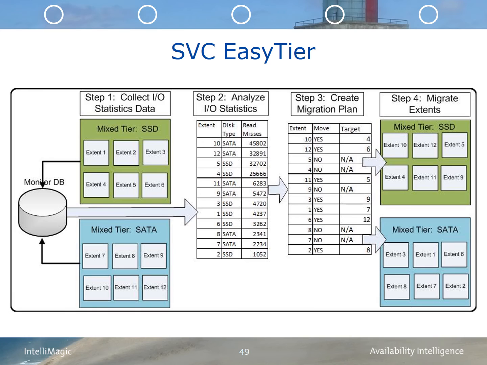Lastly, it migrates the extents to optimize the performance. Easy Tier operates on hybrid storage pools that contain different types of drives, such as SSD or flash, fiber channel, and nearline. Easy Tier planning is based on back-end response times, so read misses are much more heavily weighted on SVC than on DS8000, since SVC does not see much latency on the back-end writes that go to the underlying system cache.